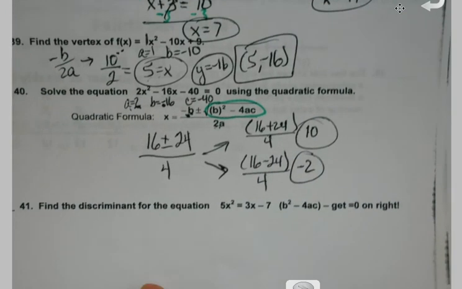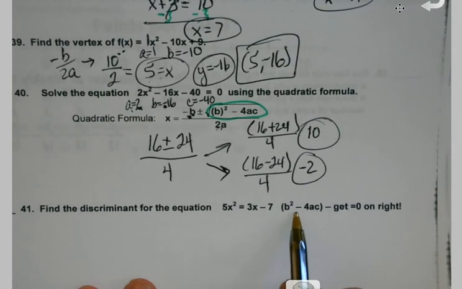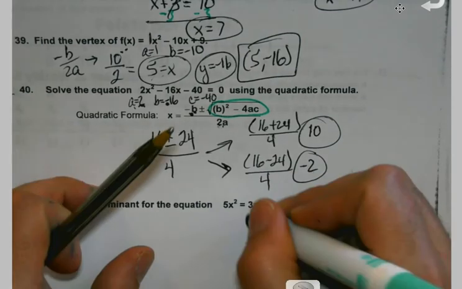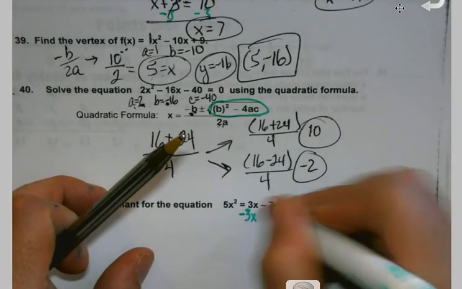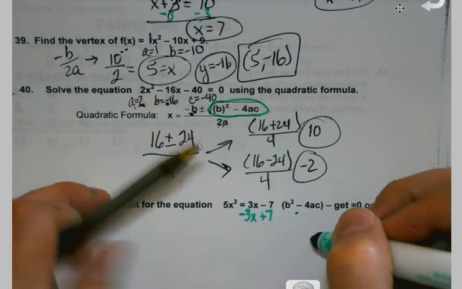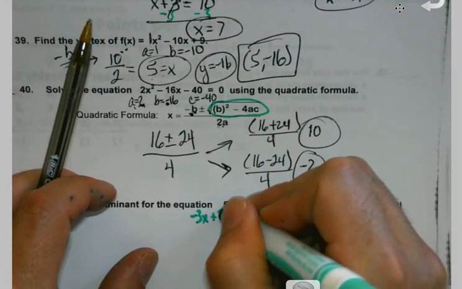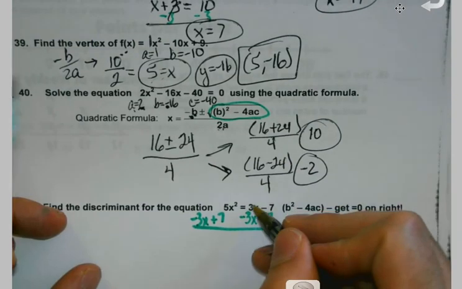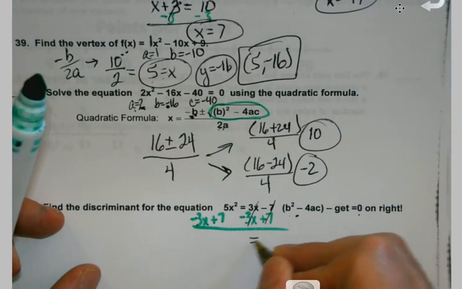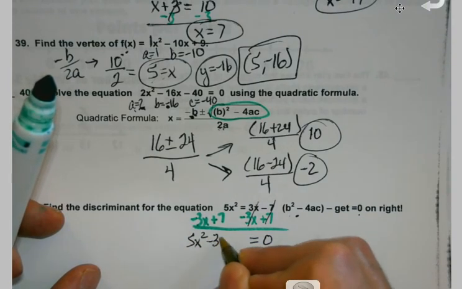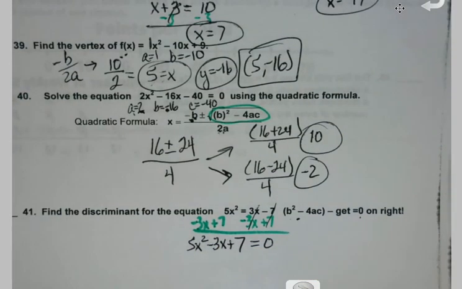So then 41, the formula is easier. It's right here. But yeah, get equals 0 on the right. So I have to take that 3x and minus it, and that minus 7 and plus it, because then when I cancel out this stuff on the right, okay, I can't put this x with this one because this is squared and this one isn't.